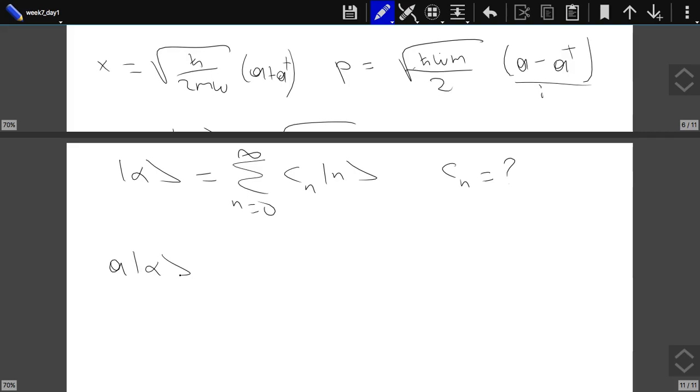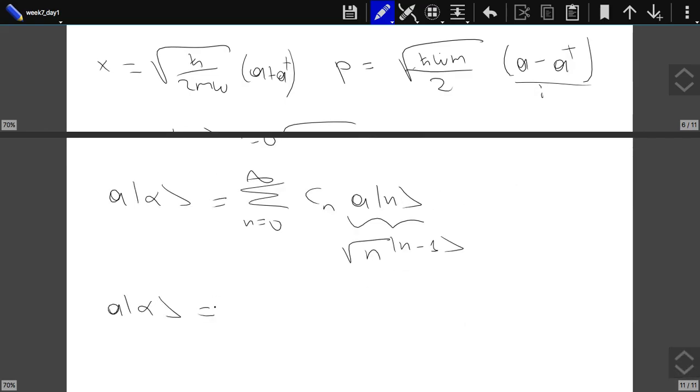Let's act with A on this alpha ket. This is equal to the sum from n equals 0 to infinity of Cn, A acting on n. But we already know how A acts on n. It lowers n by 1, and we have a square root of n in front.